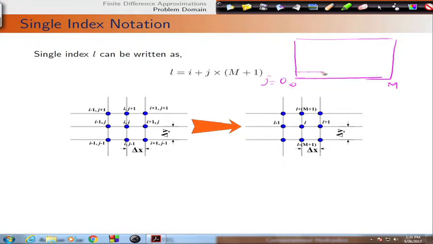Then we will have m plus 1. Like that, we can define our nodal points with single index notation, so that we can easily form the final matrix for solution.